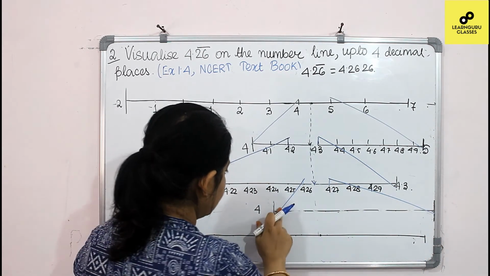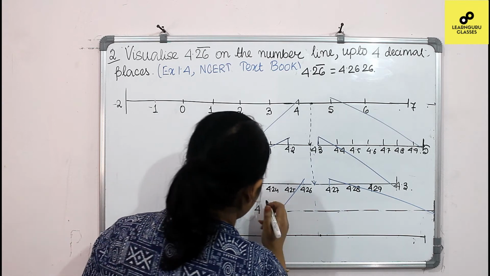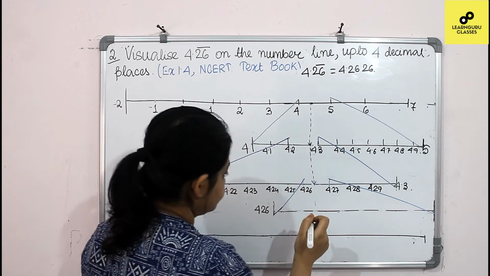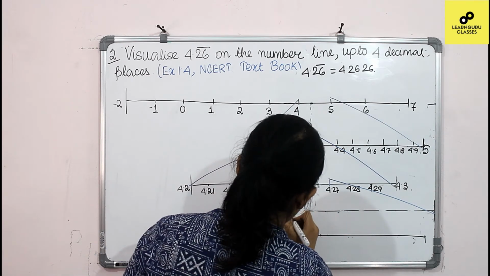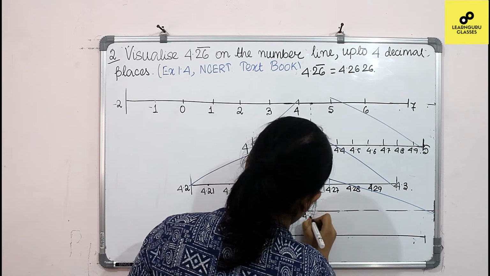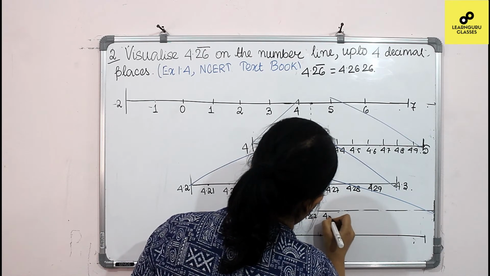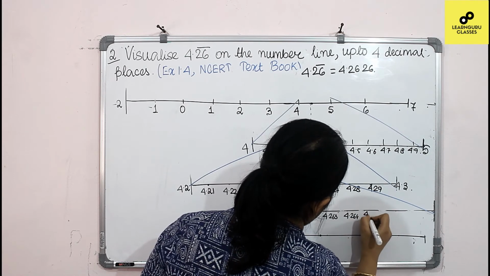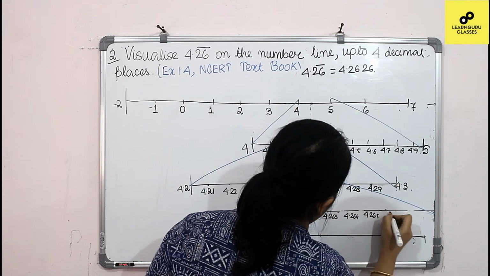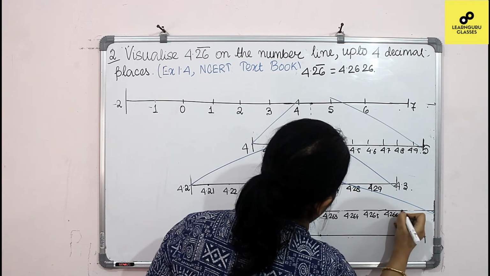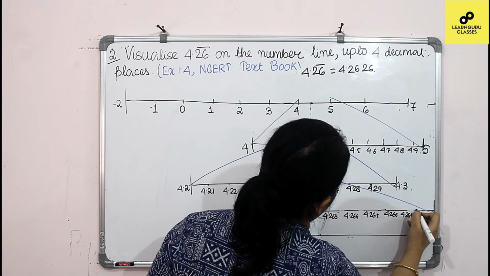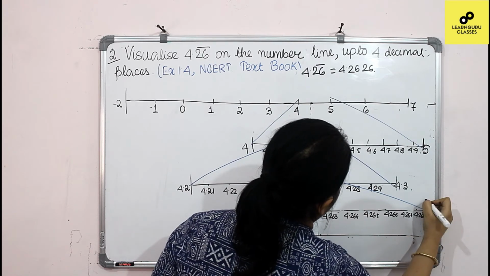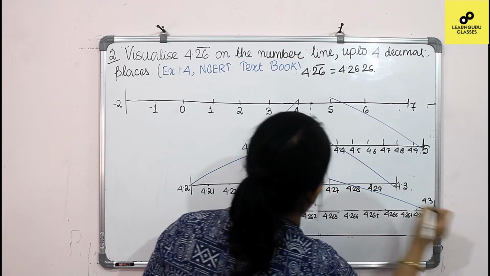So this will be 4.26, 4.261, 4.262, 4.263, 4.264, 4.265, 4.266, 4.267, 4.268, 4.269 and ultimately you are getting 4.3 over here.